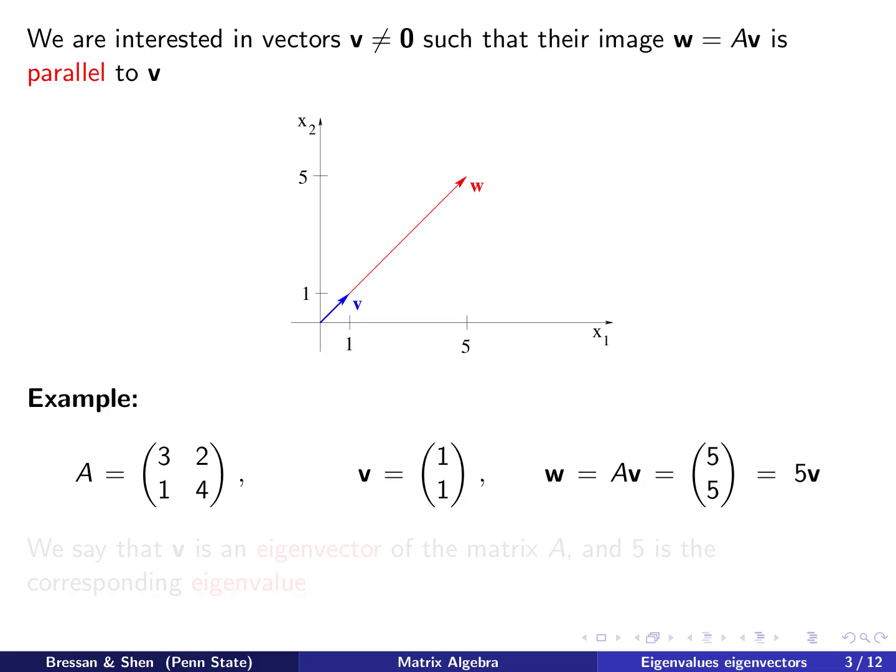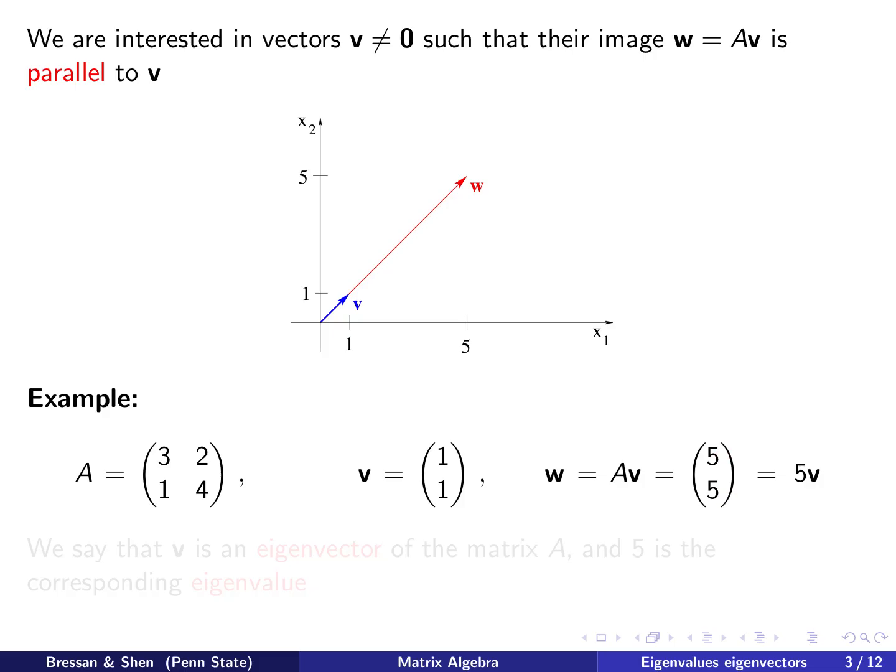Now let's take an example. We have a matrix A like this, 3, 2, 1, 4. Let's take a vector V pointing in the direction 1, 1, and compute the linear transformation W equal to AV. If you carry out the multiplication, you will get 5, 5.